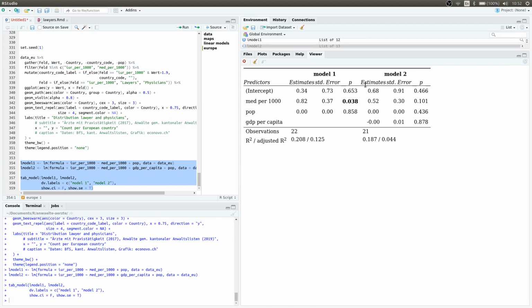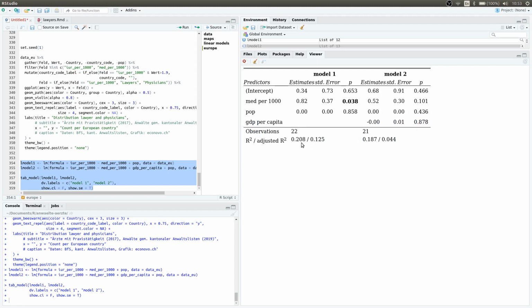And we see that in the first model, without the GDP, we have some significance estimating the number of lawyers, or the density of lawyers, based on the density of medical doctors. However, as soon as we include GDP per capita, there is no more significance on any level anymore.